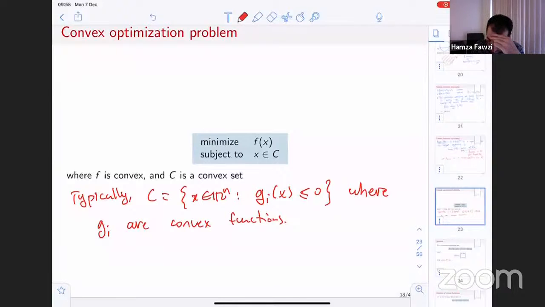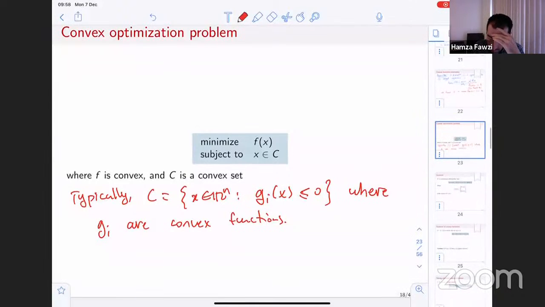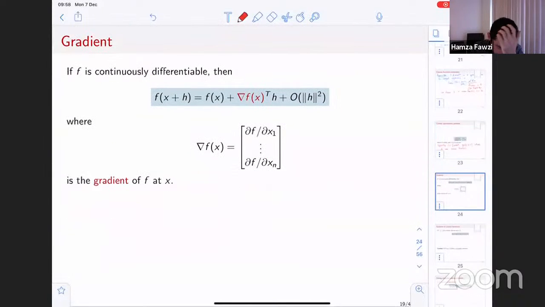Now before I go further, I need to recall a bit of definitions from analysis: the notion of a gradient and the notion of a Hessian, essentially. So I will now introduce these notions. If a function f is continuously differentiable, then I can write its Taylor expansion around any point x in the interior of its domain.